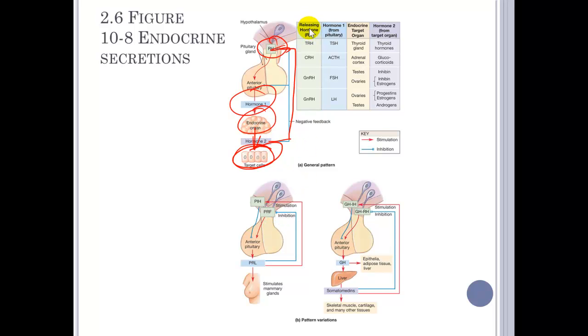So examples here: thyroid releasing hormone, corticotropic releasing hormone. Thyroid releasing hormone releases thyroid stimulating hormone, which affects the thyroid gland, which now releases thyroid hormones. Corticotropic releasing hormone triggers adrenocorticotropic hormone, which acts on the adrenal cortex, and then it releases glucocorticoids.